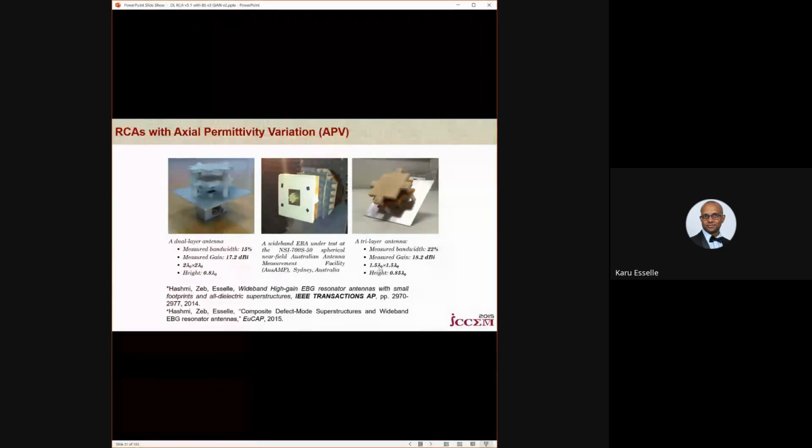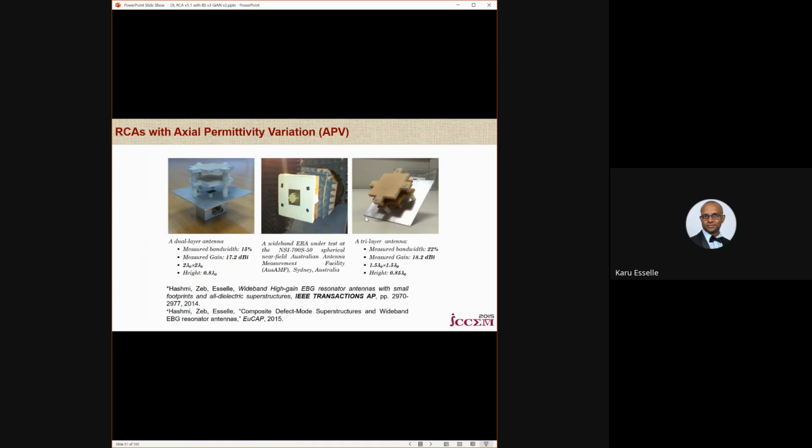It's 1.5 free space wavelength times 1.5 free space wavelength in this one. So they're very, very small. Our original antennas were like 5 lambda naught by 5 lambda naught or 6 lambda naught by 6 lambda naught, 36 lambda naught square area. But these have what, 4 lambda naught square area or even less.